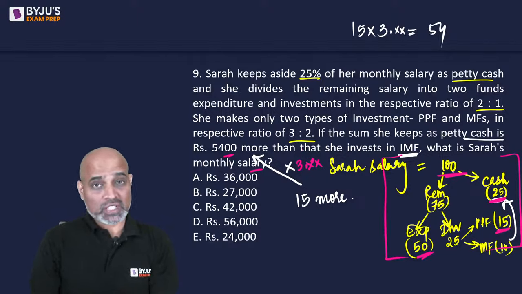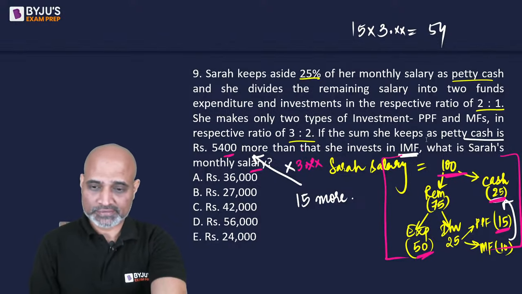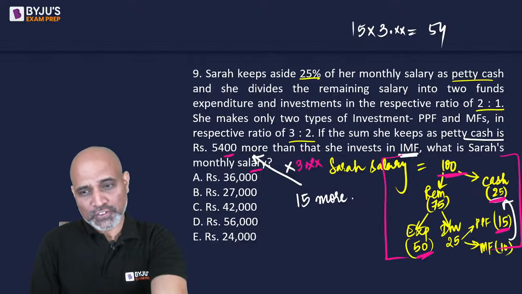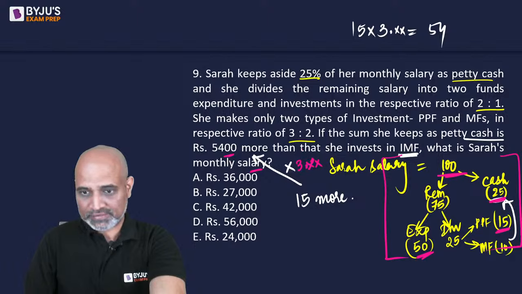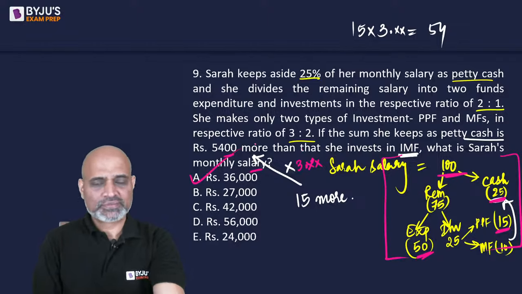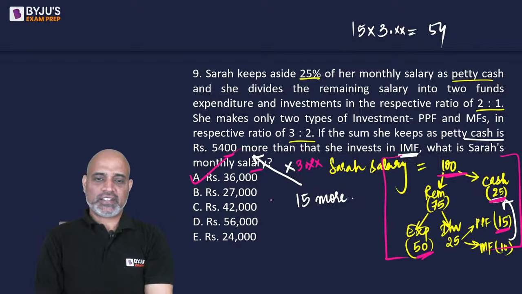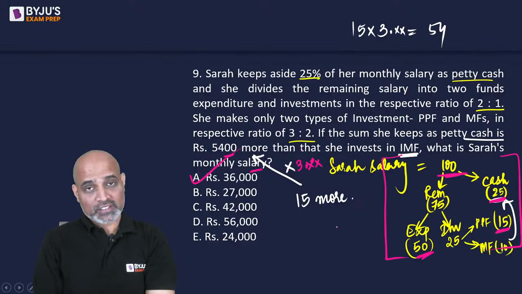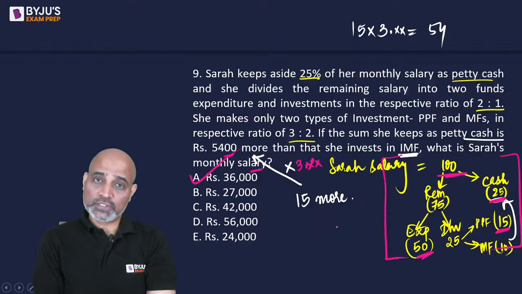So 100 into 300 times will be, which option do you think should make sense? Sorry guys, मैंने ध्यान नहीं दिया. हाँ 15 होगा. मेरे को चैट चेक कर लेना चाहिए था. A, 36,000, right? 3 point something into 100 will be something that starts with 3.